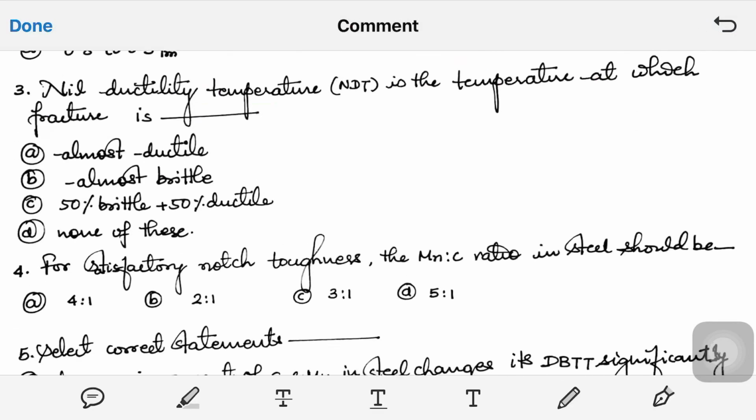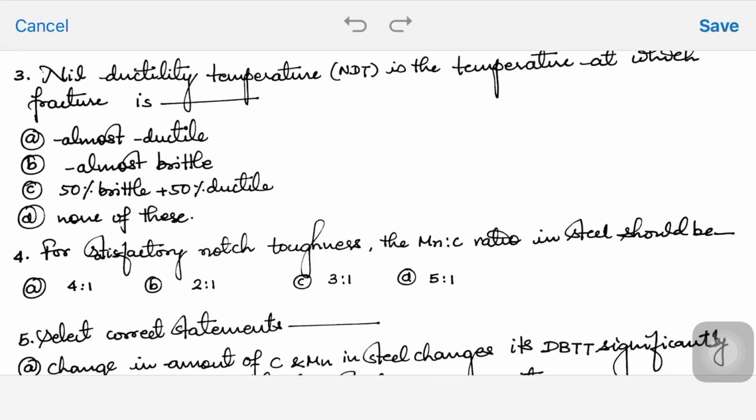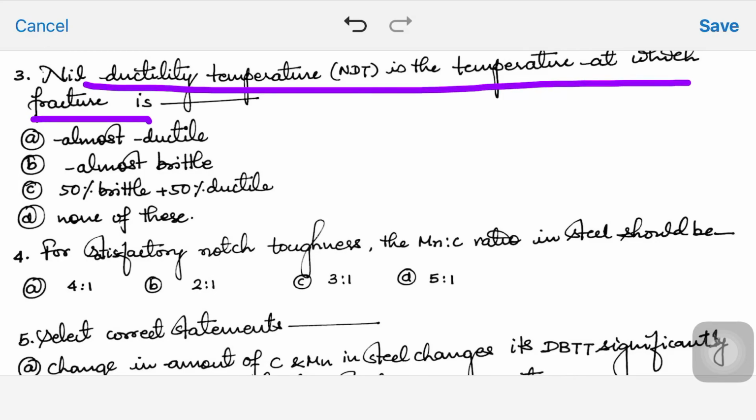See the next question. Nil ductility temperature, that is the NDT, is the temperature at which the fracture is. So basically at the nil ductility temperature, the fracture initiates with essentially no prior plastic deformation.